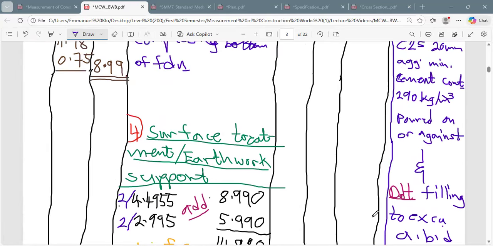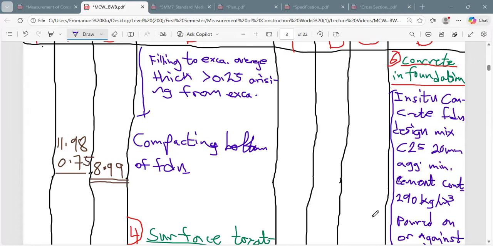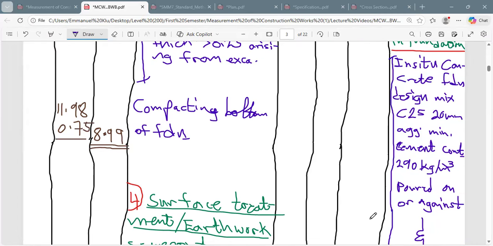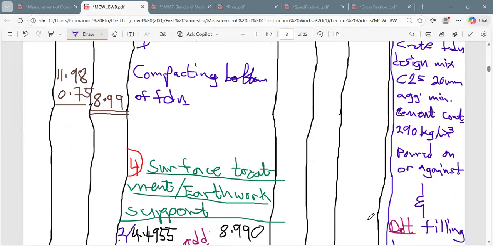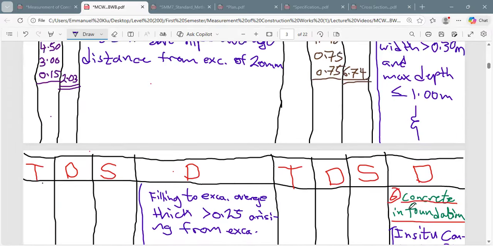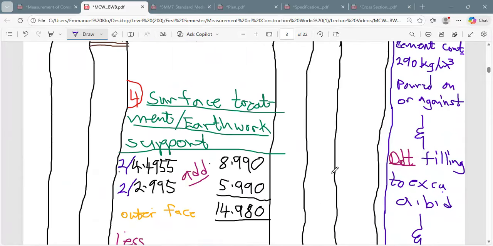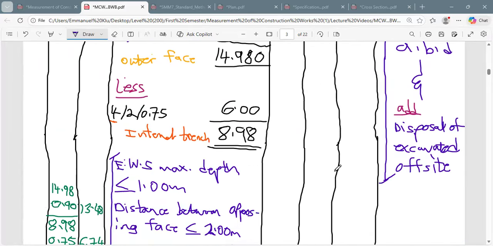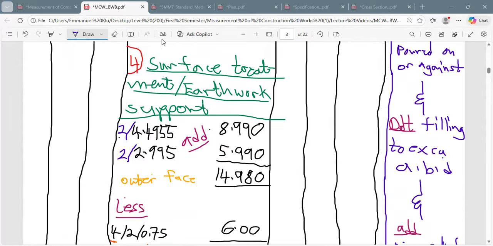And concrete and foundation. So the concrete and foundation: we say concrete is measured in volume. Okay, if it's measured in volume, let's quickly do the calculation for it.